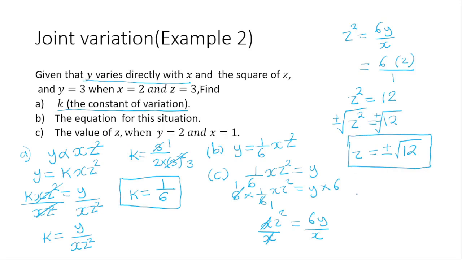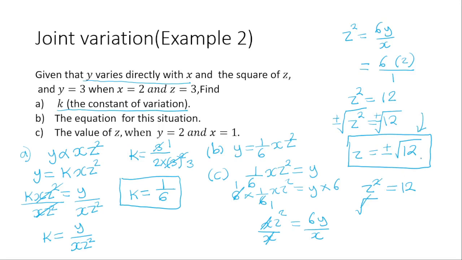You might be wondering, how on earth did we introduce a square root, and how can a square root cancel with a 2? So this one is left in surd form.